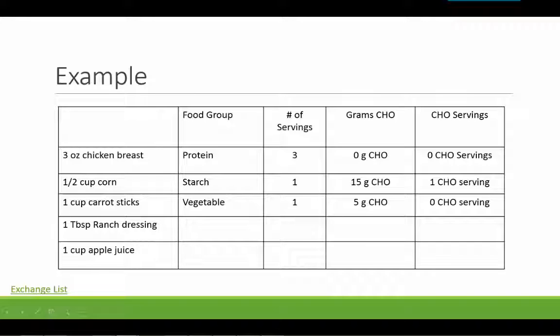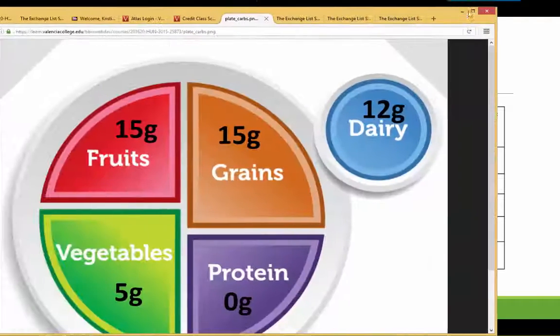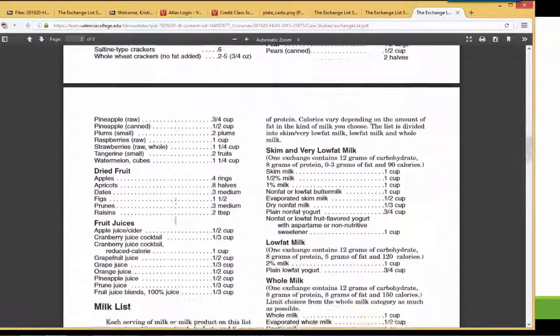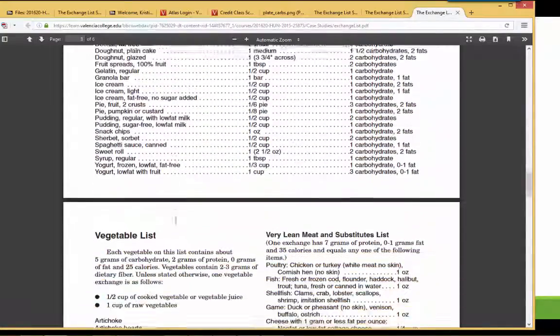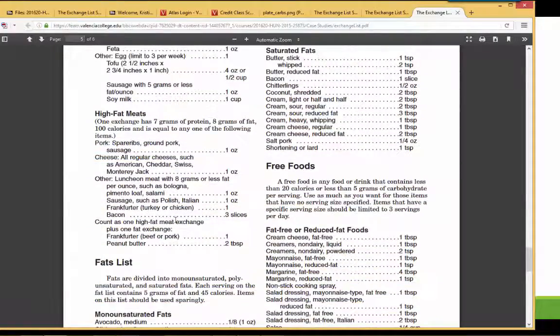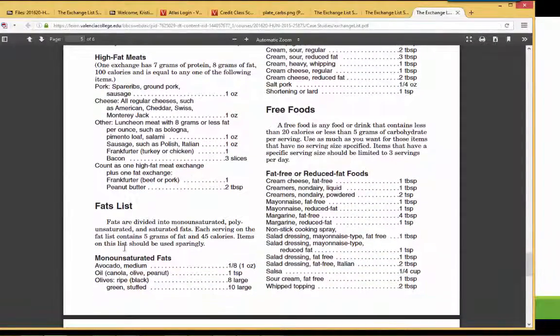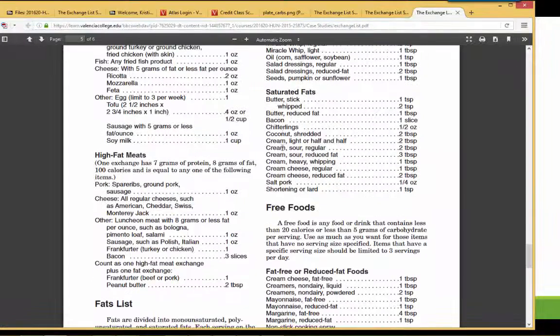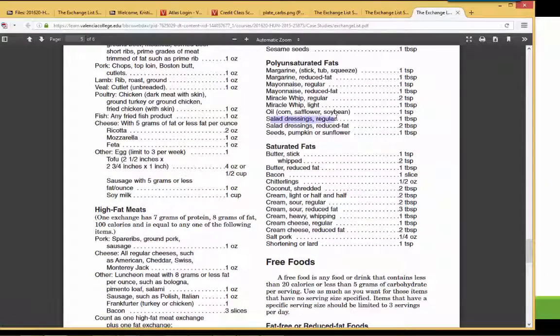The next food is a tablespoon of ranch dressing. Our food group, it's a fat. So let's go to the exchange list. We scroll to fat. And here's our fat list. And we're going to look for salad dressing, regular, 1 tablespoon.